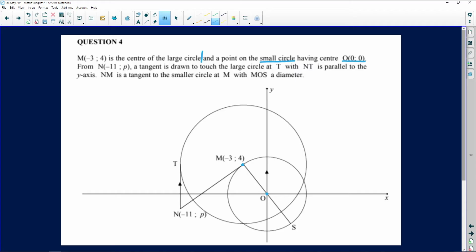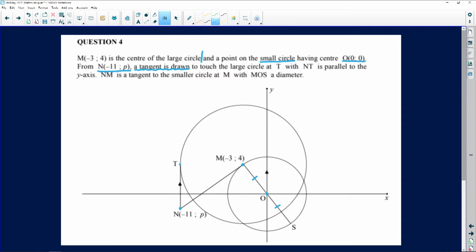Okay, so we've heard that this is the center, so we can say those two are equal. They are indeed radii of the smallest circle. Now from N, the point (11, negative) and P, a tangent is drawn to touch the largest circle at T. So at T there's a tangent, and what do we know?